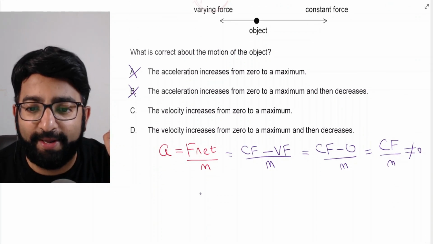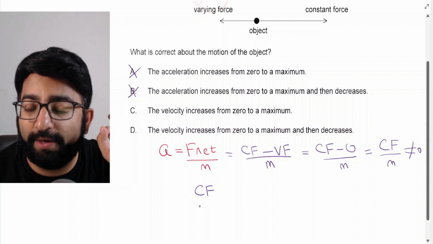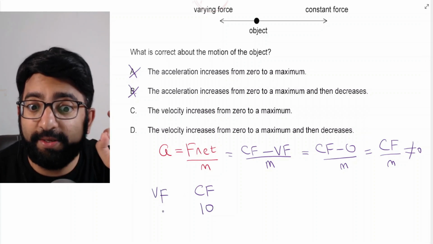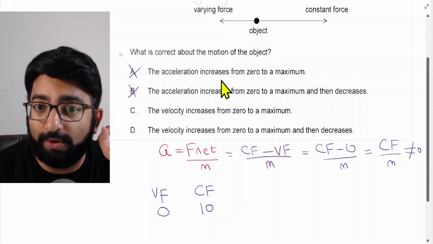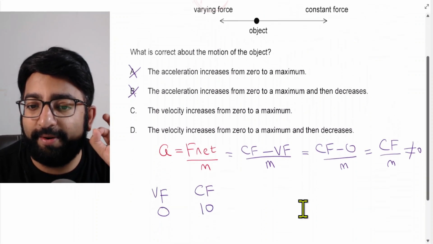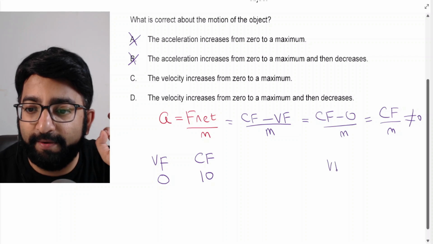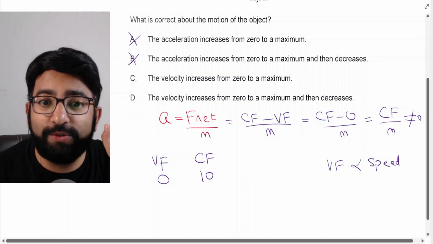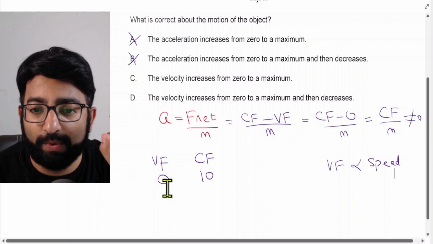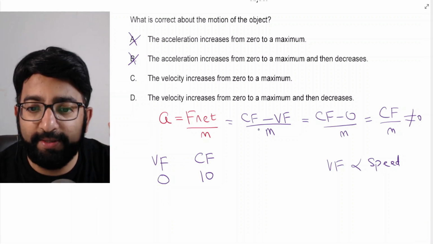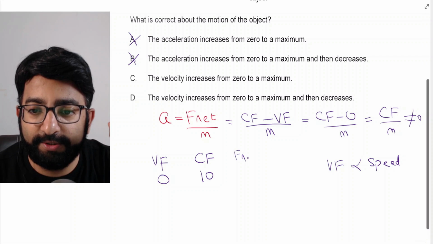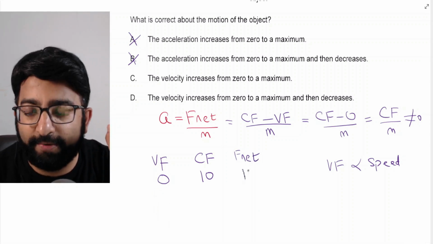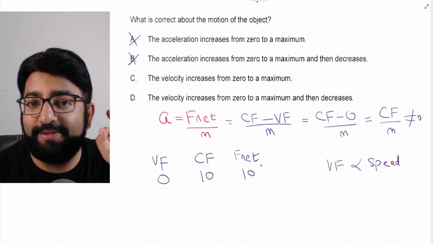Let's say CF, the constant force, is 10 newtons, and the varying force will be 0 initially, as the object was initially at rest. The varying force is directly proportional to the speed of the object. That is why initially the varying force is equal to 0. Now, the net force is the subtraction, 10 minus 0, which gives 10, which means there is an acceleration.